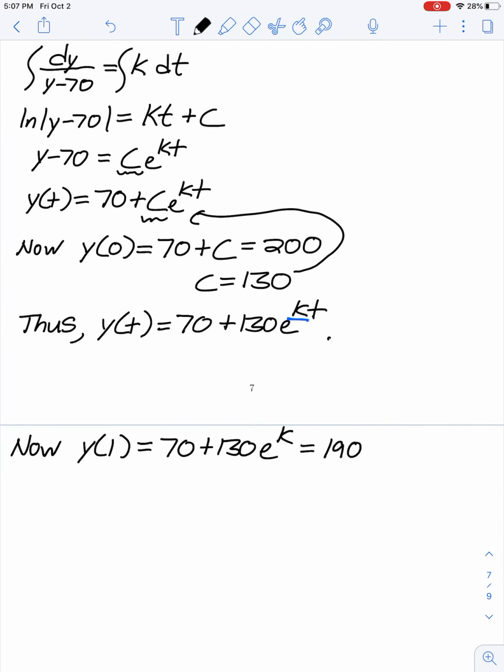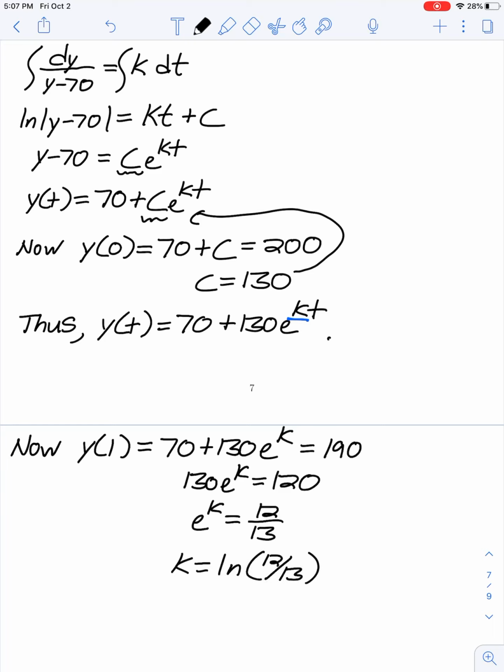So we can now solve this equation for that constant k, and we would have 130 e to the k is equal to 190 minus 70, or 120, in which case e to the k is equal to 120 over 130, or 12 over 13. And so this constant k would be given by the natural log of 12 over 13.